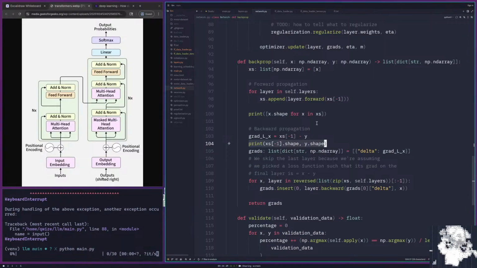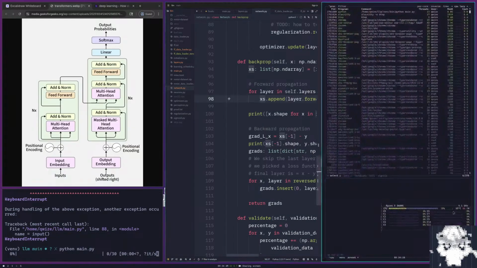Oh, I forgot we had this print statement here and this didn't get printed either. So we're still doing the forward propagation? How can that possibly take so long? We're doing the forward propagation for the first batch right now?